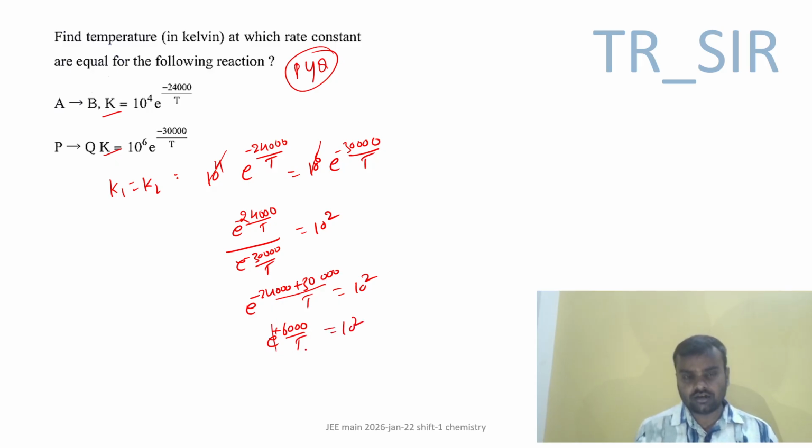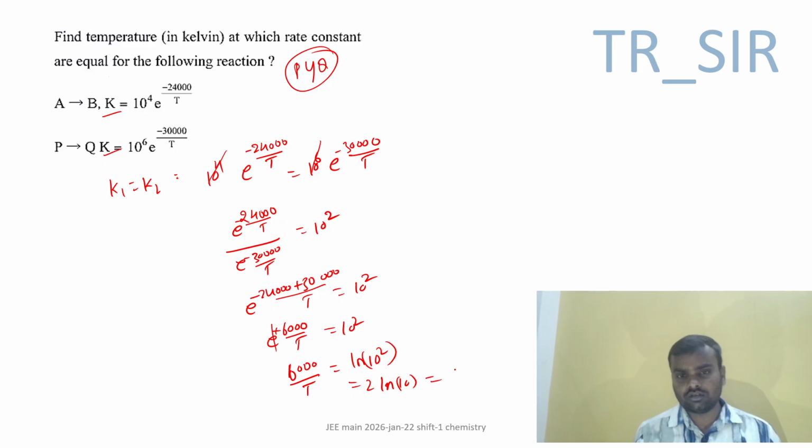If I take the log, means if I remove the exponential, 6,000 by temperature is equal to ln 10 power of 2. Now 2 will come to the back, 2 ln 10 will come. Convert into log, 2.303, and log 10 value is 1. So we're getting 2.303 into 2.